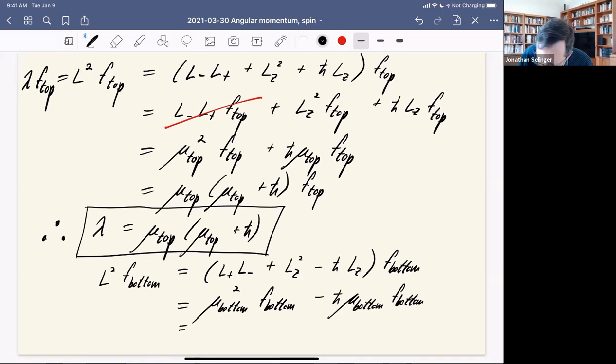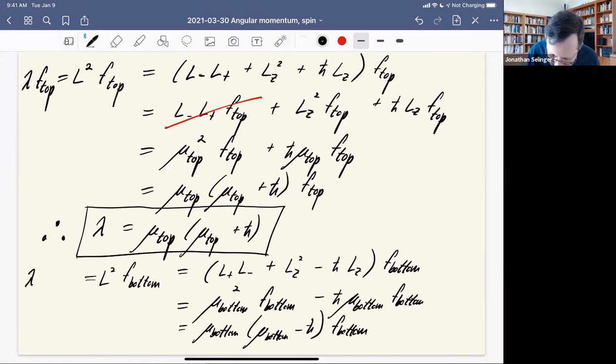So that's mu bottom times mu bottom minus H bar times F bottom. But again, this is all supposed to be equal to lambda times F bottom.